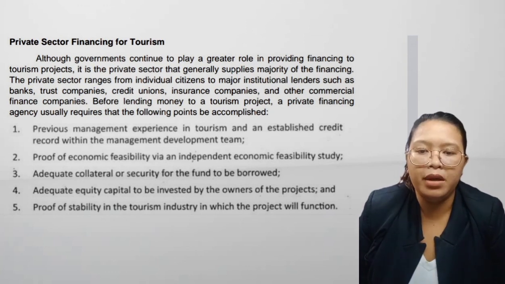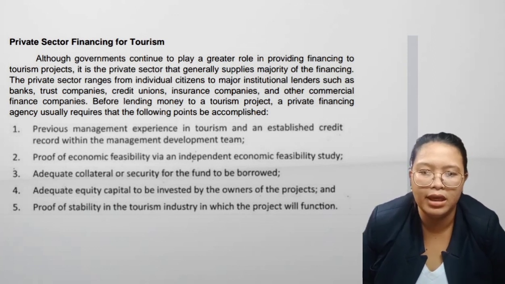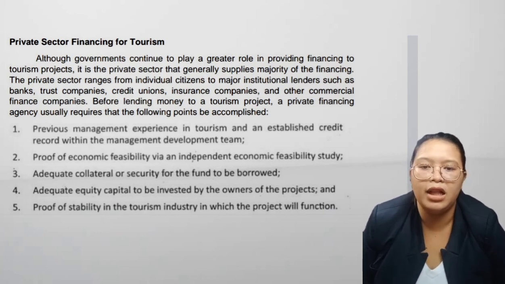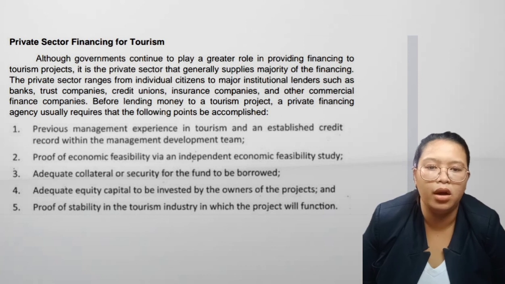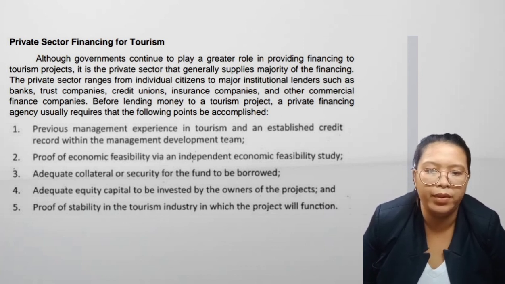Proof of economic feasibility. 3. Adequate collateral or security for the funds to be borrowed. 4. Adequate equity capital to be invested by the owner of the project. And 5. Proof of stability in the tourism industry in which the project will function.